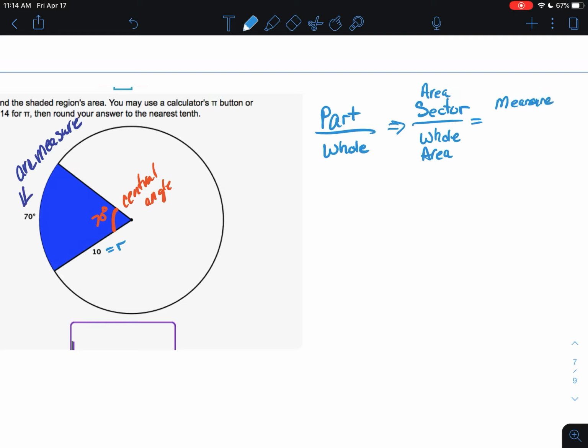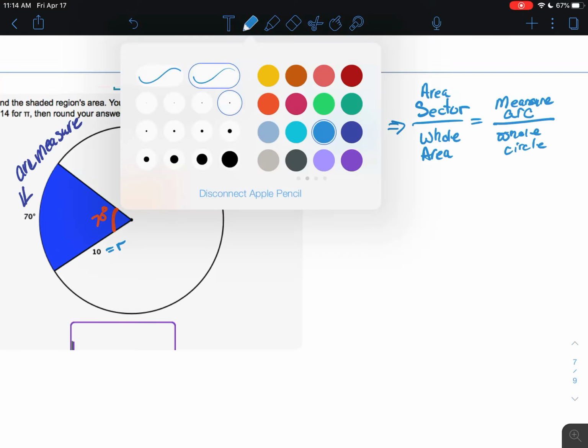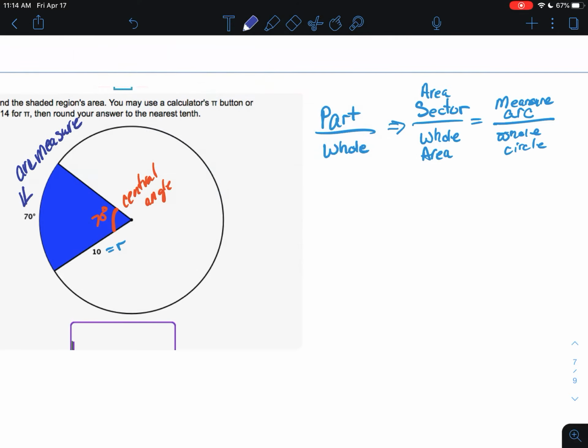I don't think I spelled that very well, but anyway, the measure of the arc to the measurement of the whole circle. Let's see. All right, so as far as putting things into a formula, we'll look at the area of the sector, and I just put area with the S for sector, to the area of the whole circle.